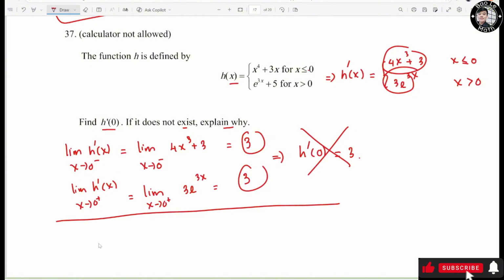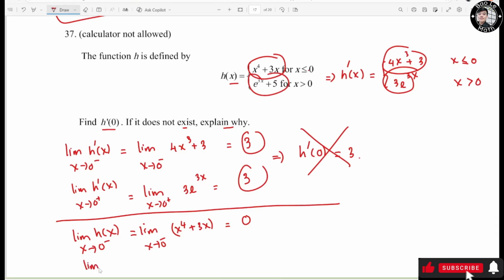So we need to check the limit of the function h of x as x approaches 0 from the left. We're going to pick this piece right here. So we have the limit of x to the 4 plus 3x as x approaches 0 from the left. Substitute 0 for x, so it is 0.